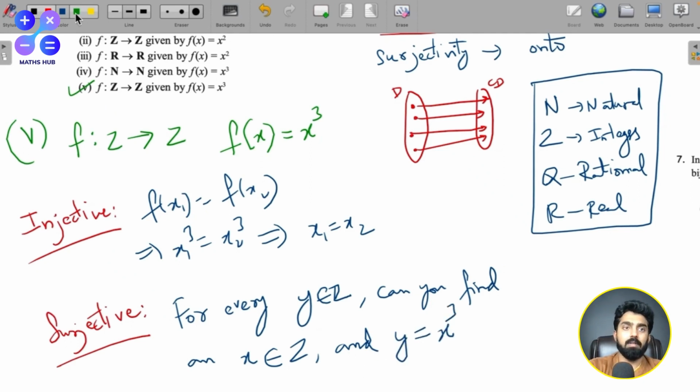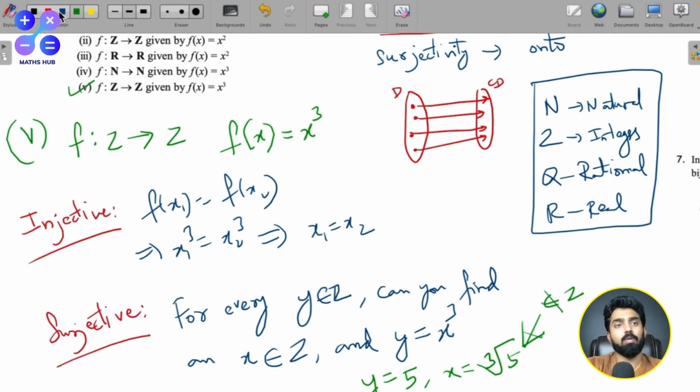If y equals 5, or minus 5, whatever you want to take, you would get x equals cube root of 5, which does not belong to integers. So it is not an onto function or a surjective function. It's not surjective, but it is injective. Great. Let's move to the next question.